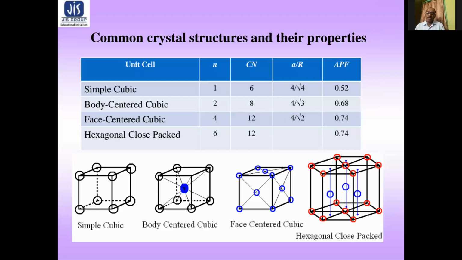Next is the hexagonal close packed structure.